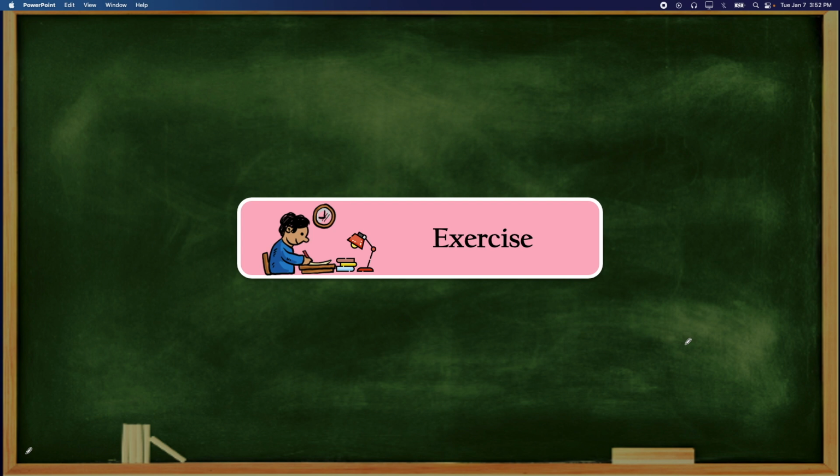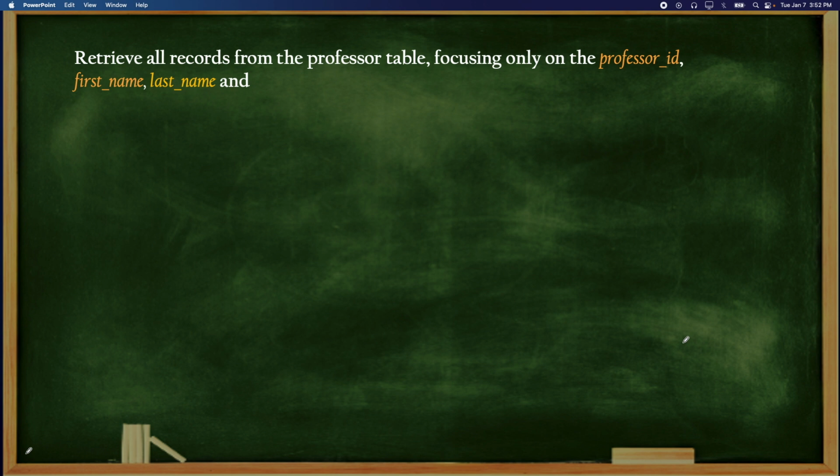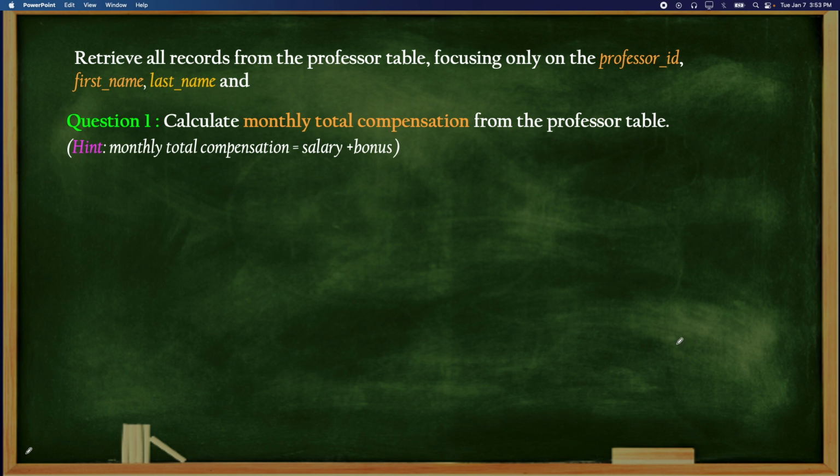Now this is our exercise, and let's see what questions we are going to solve. Again, we are going to use our professor table, and we are trying to get professor ID, first name and last name. In the very first question, we will try to calculate the monthly total compensation from the professor table.